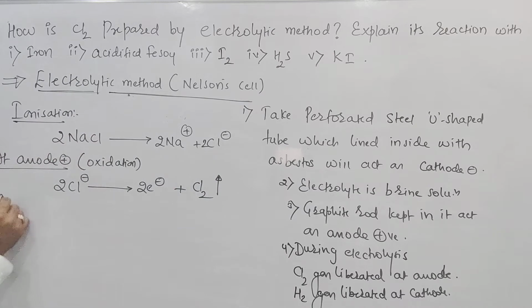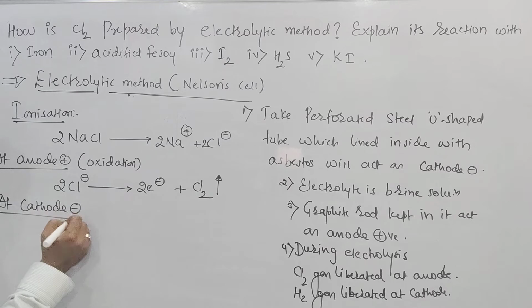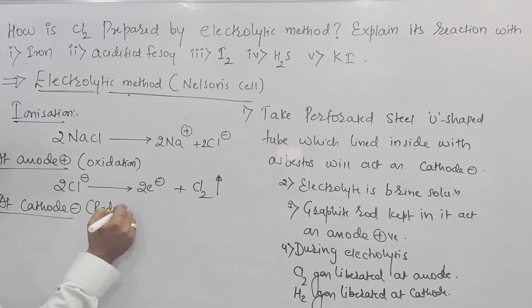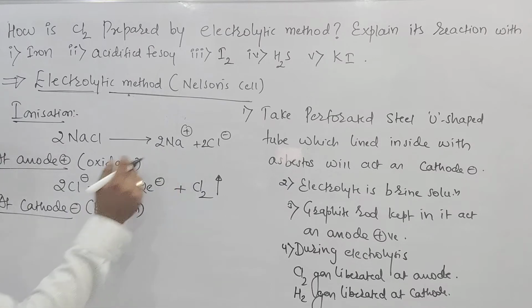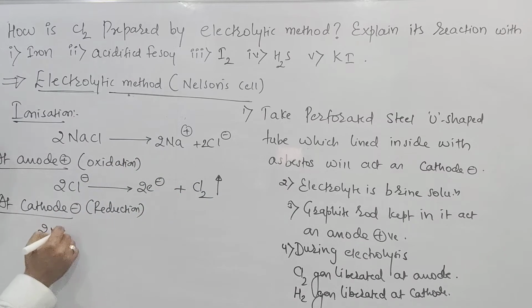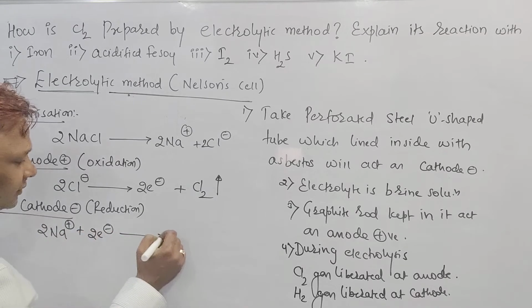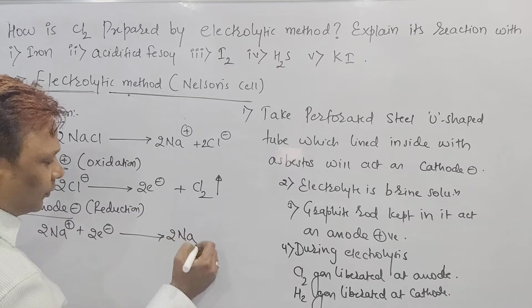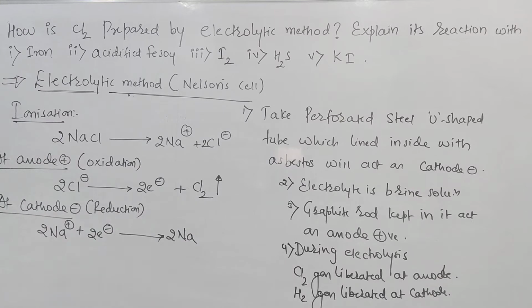Same case, beta, for the reaction at the cathode. The cathode is negatively charged, and at the negatively charged cathode, reduction takes place. So these 2 Na plus ions come over it, and by gaining 2 electrons, metal sodium gets deposited at the cathode, right?